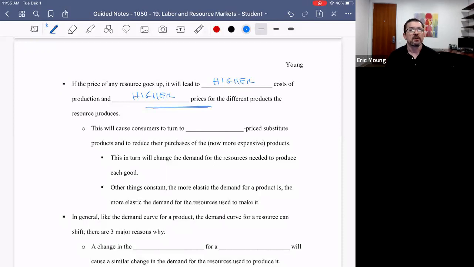Let's take this as a chain of events. Let's say that the price of a labor resource goes up. This in turn will lead to higher costs of production for that item being made. This in turn, based on supply and demand analysis, will lead to higher prices for those products.